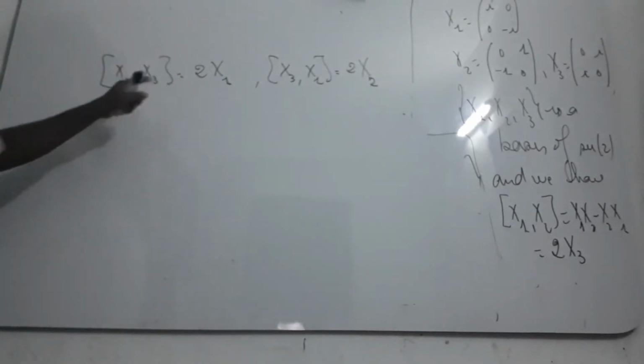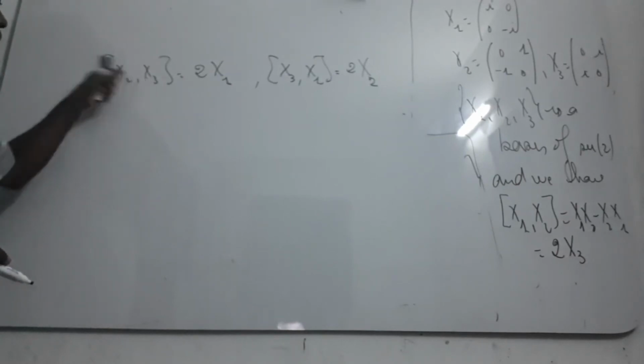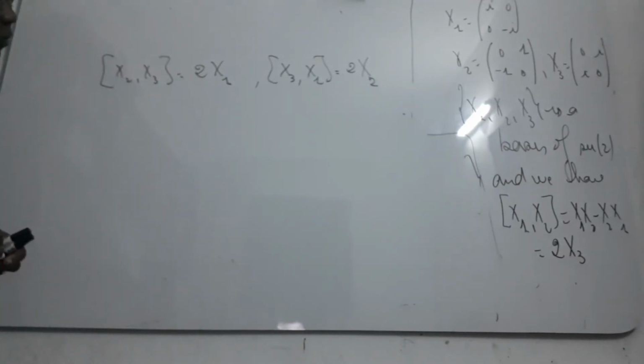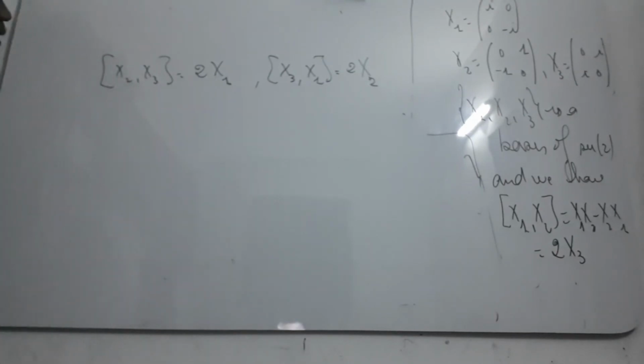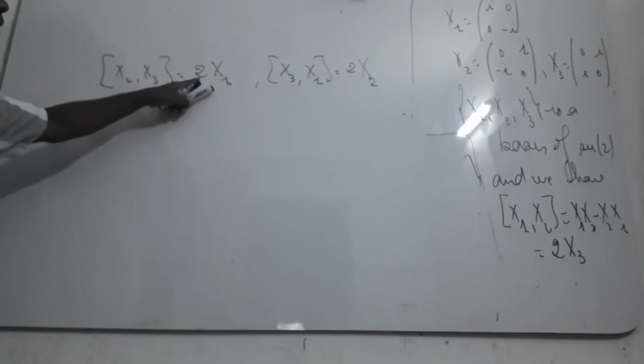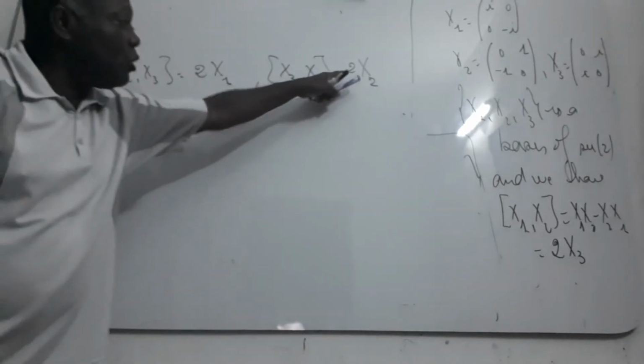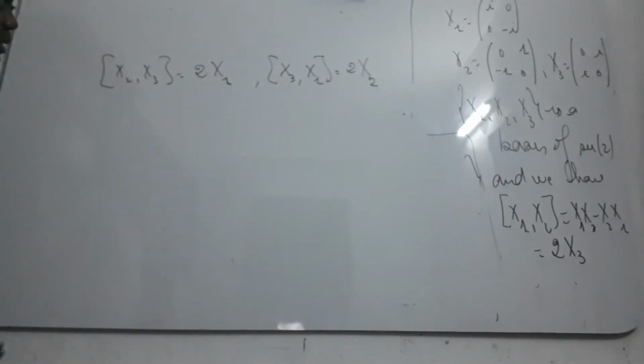You just compute, you can put S2 S3 minus S3 S2, and it is very simple to prove. This is the commutation relation of your Lie algebra. Okay, here are the structure constants that characterize your Lie algebra.